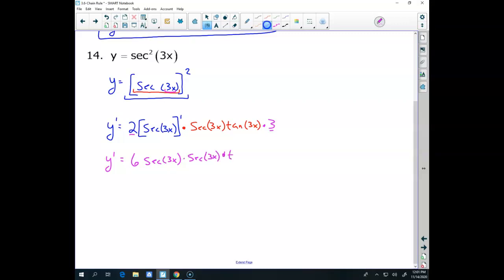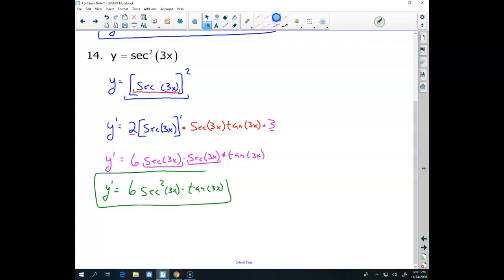Now notice this next one is times a secant to the first power 3x times another secant 3x times another tangent 3x. And most of you said, hey, Kruger, why aren't you putting these two together because there's 2 secants? Well, you're right. The actual answer would be y prime equals 6, and when I put everything together, it's going to be secant squared 3x times tangent 3x.